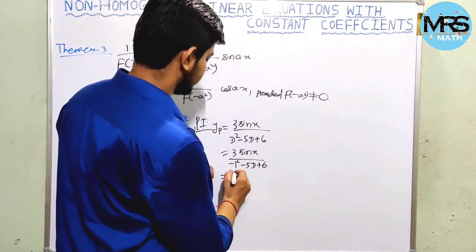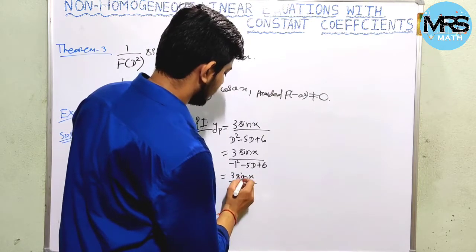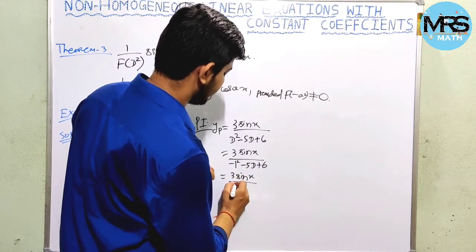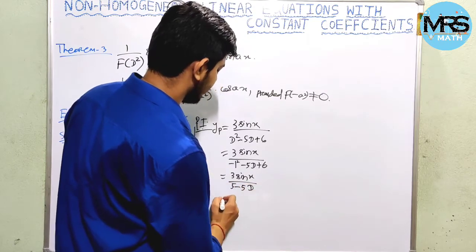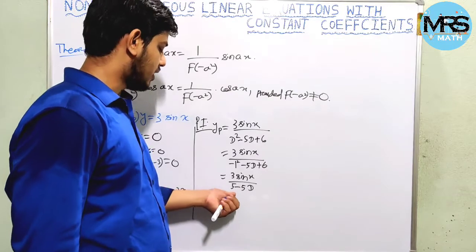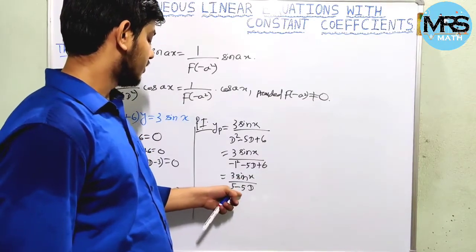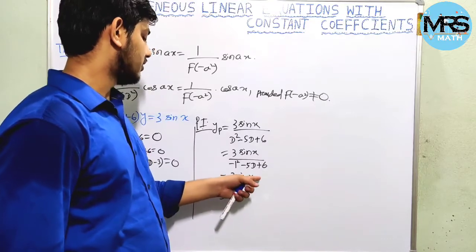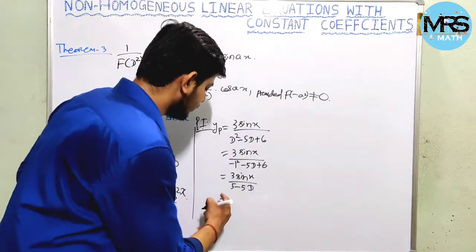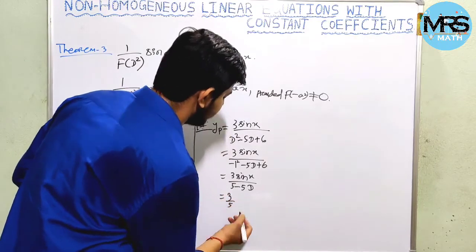So we get 3 sin x by 6 minus 1, that is 5 minus 5D, correct? Now how to solve this? If we multiply 5 plus 5D in the numerator and denominator, we can solve. First of all, we take 5 common, so 3 by 5 is there.